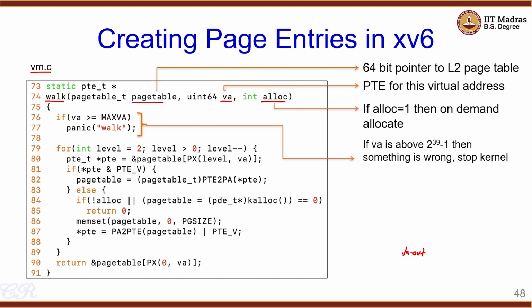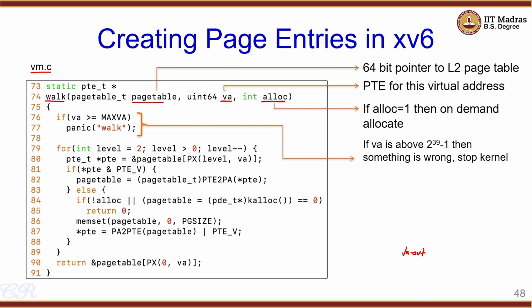As we have discussed earlier, the process would have multiple blocks, and we would at least need to have 1 or 2 blocks in memory to get the program to start execution, right. For that, we would need to allocate some page frames for that particular process, for those particular blocks, right. In such a case, we would use alloc equal to 1, right. So on demand, we can essentially allocate.